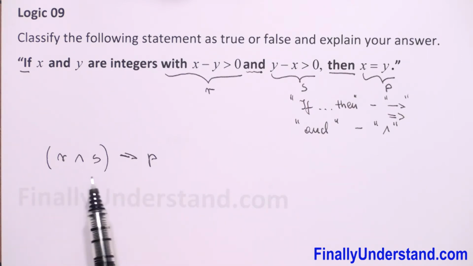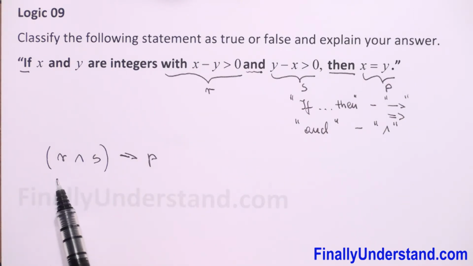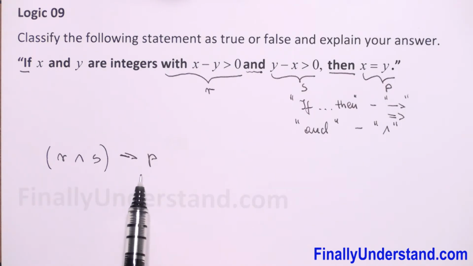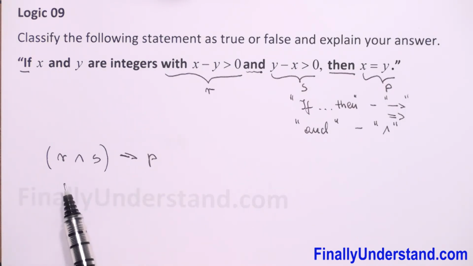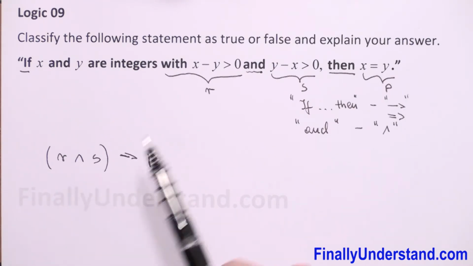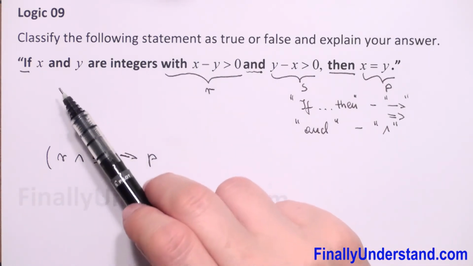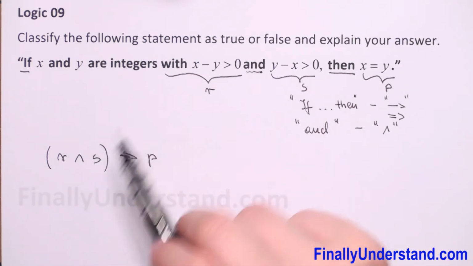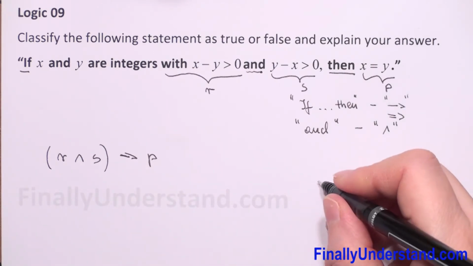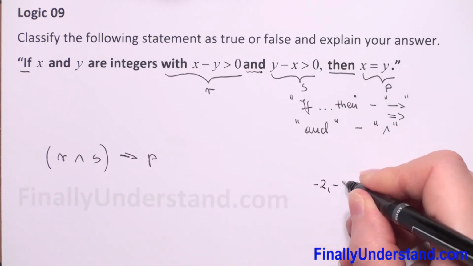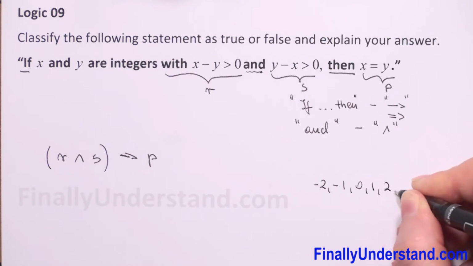We know that an implication is false only when the hypothesis is true and the conclusion is false. On the left side we have r and s. r is x minus y, and we know that x and y are integers, so this is like -2, -1, 0, 1, 2, and so on.